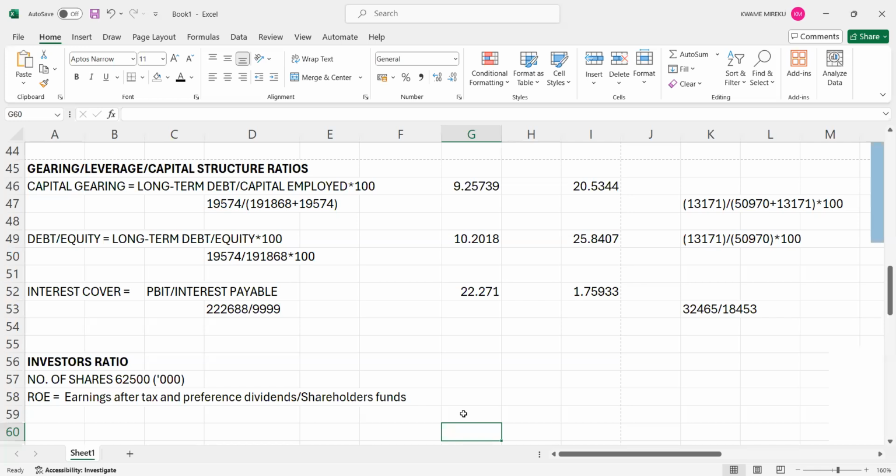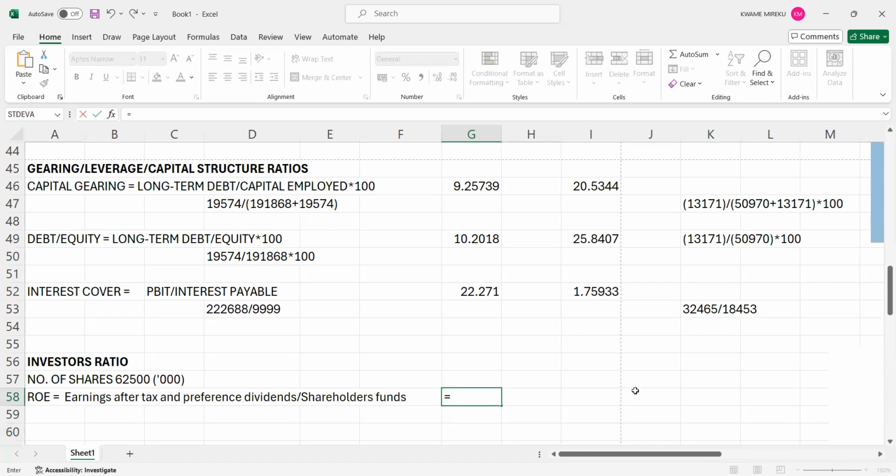We did a return on capital employed. That one looks at the return we are making based on the total financing of the company, the owners' and that of the outsiders. But here we are focusing on the owner. So that will be your net profit over equity.